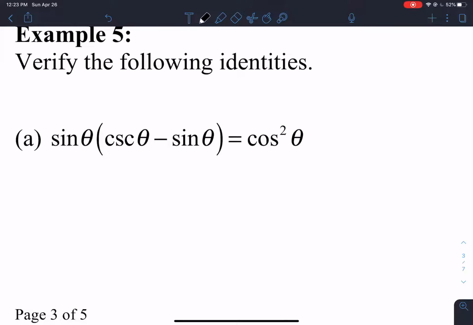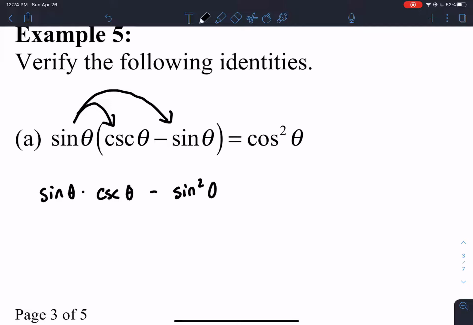For this first one, I'm going to work on the left side because it has more terms. If I see parentheses, I can multiply. So I'm going to multiply sine with both of these. That gives me sine of theta times cosecant minus sine squared. Now, I know that cosecant is the reciprocal of sine.